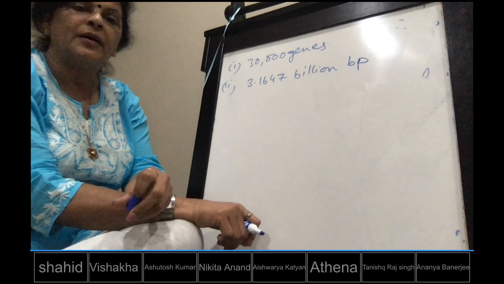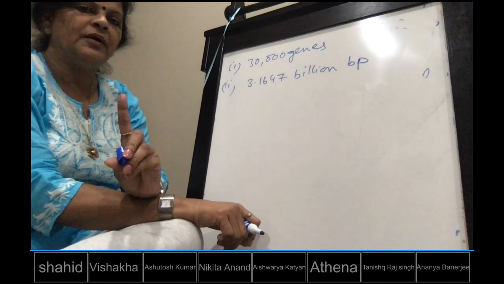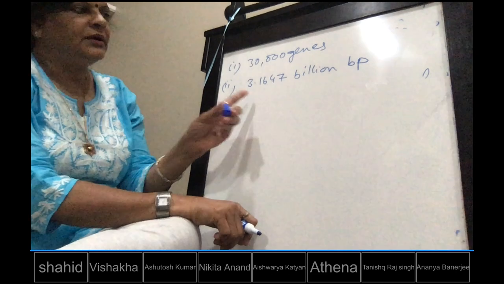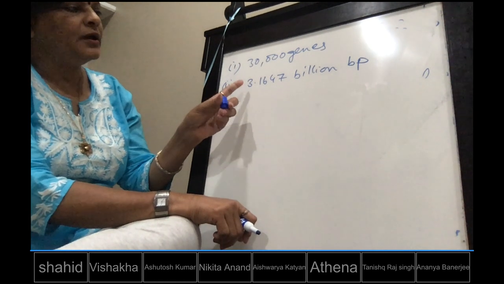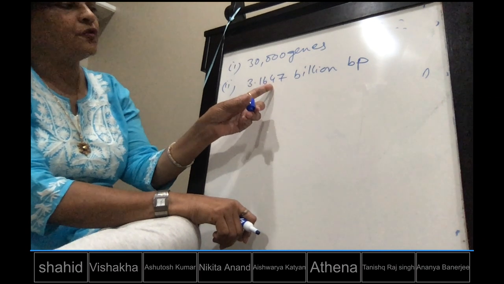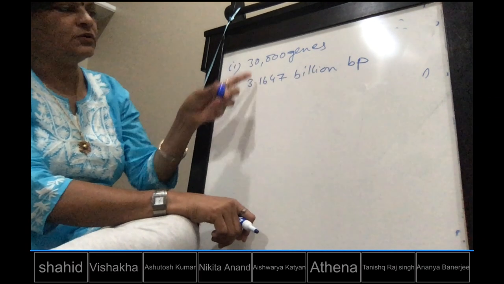That is 3 into 10 to the power of 9 base pairs, but this one gives you the exact number. So 3.1647 billion base pairs. This is the human genome.